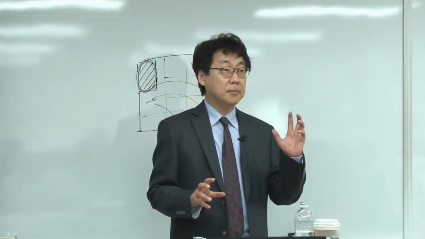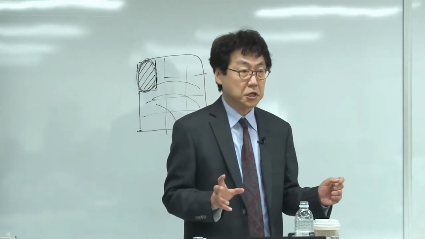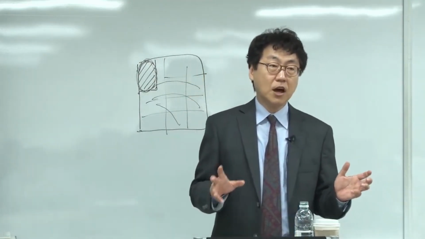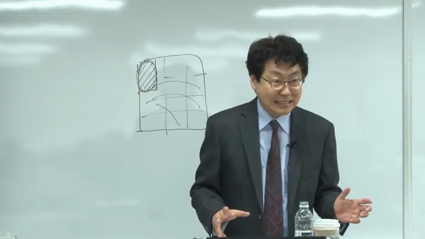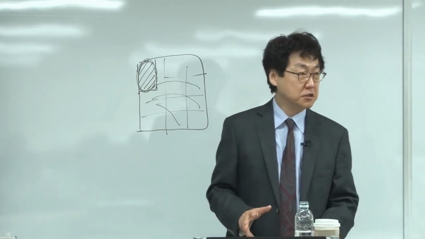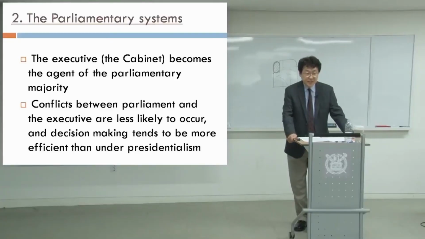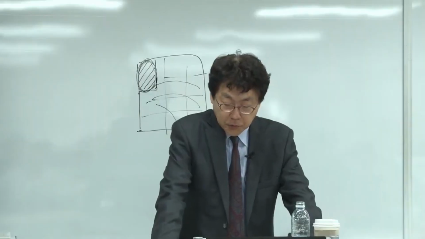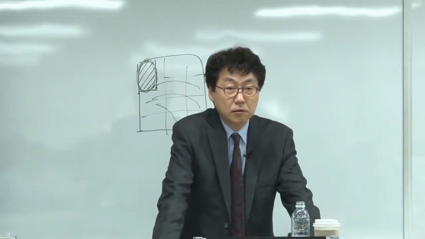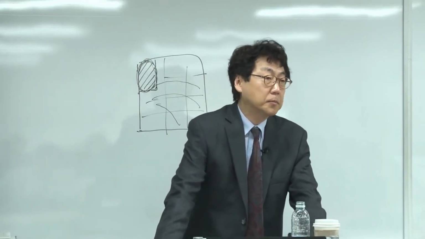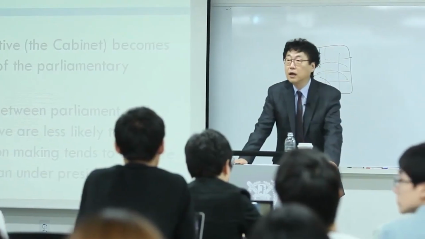So comparing parliamentarism and presidentialism, the probability of conflict is much less in a parliamentary system than presidential system. Since the same party or parties controls both branches of government, so the majority party controls the parliament and the cabinet.